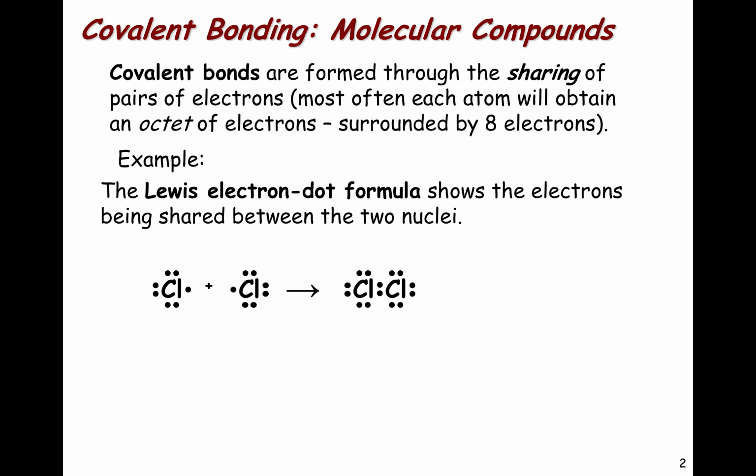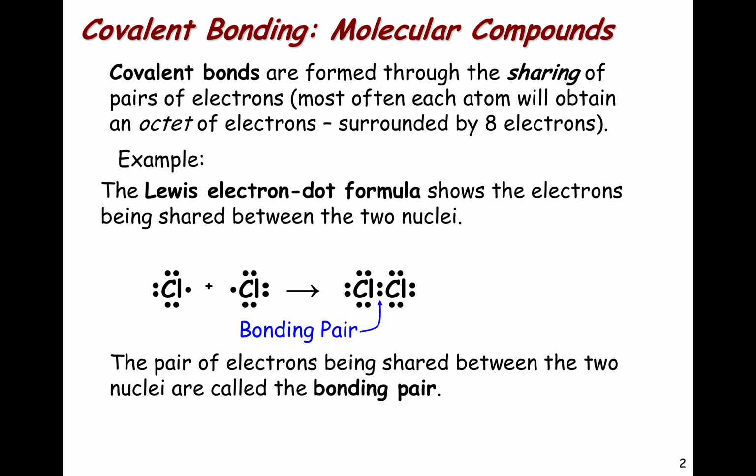As an example, shown below here are 2 individual chlorine atoms. Chlorine would have 7 valence electrons as represented by the dots that you see here. And if we were to bring those 2 chlorine atoms together, sharing the individual unpaired electrons, we can form a so-called diatomic molecule. In this case, then, we would form a bonding pair of electrons, as shown here with the 2 electrons between the 2 atoms.